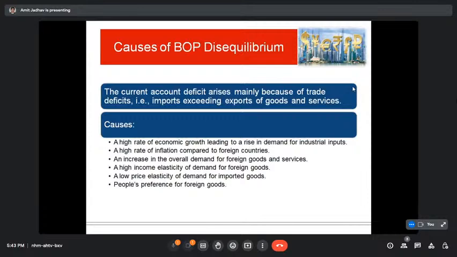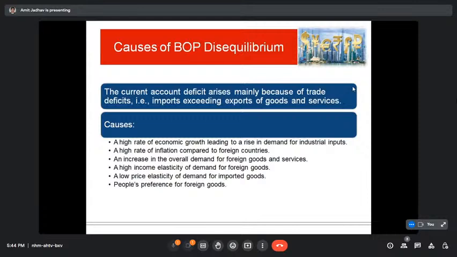Next, we have the people's preference for foreign goods. Most of the time, in a developing country like India or some other country, people give more preference to using foreign commodities, or using a foreign commodity is quite prestigious to them.